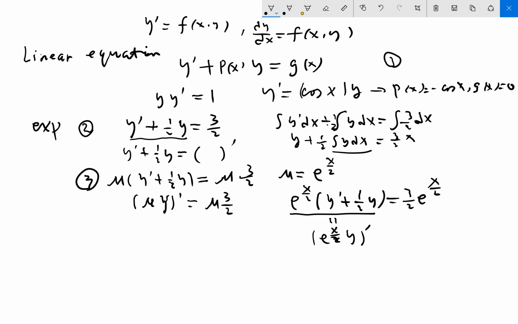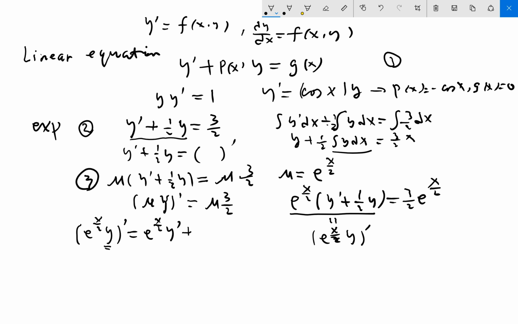So take the derivative of e to the x over 2 times y. This is two functions multiplied together. Remember, y here is a function of x. So for two functions multiplied together, to take the derivative we need to use the product rule. We fix the first one and take the derivative of the second one, giving you y prime.